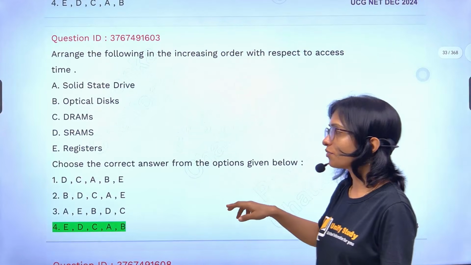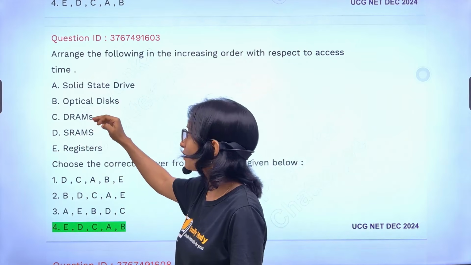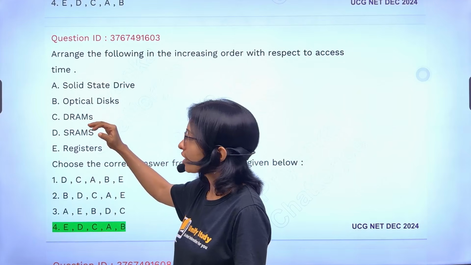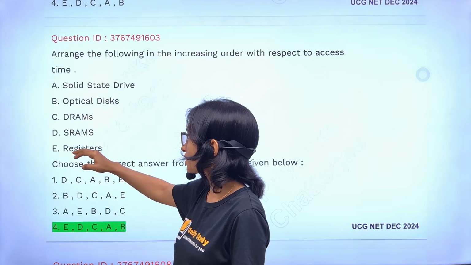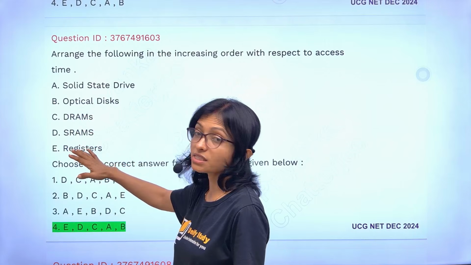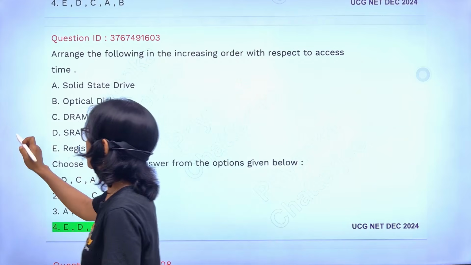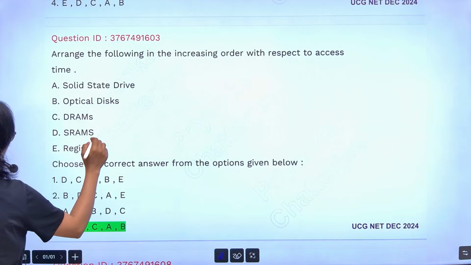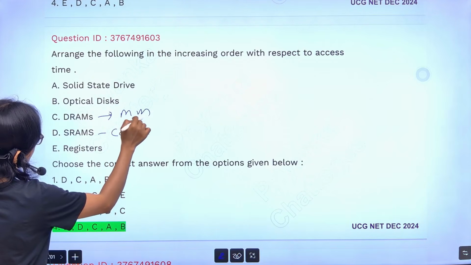Here first of all, static RAM, dynamic RAM. Static RAM means it is cache, dynamic RAM means it is main memory. Cache is faster than main memory, right? And after register, register is always the fastest one. Register fastest one, after that cache. Here static RAM means you can think this is actually the cache. DRAM means it is actually the main memory.